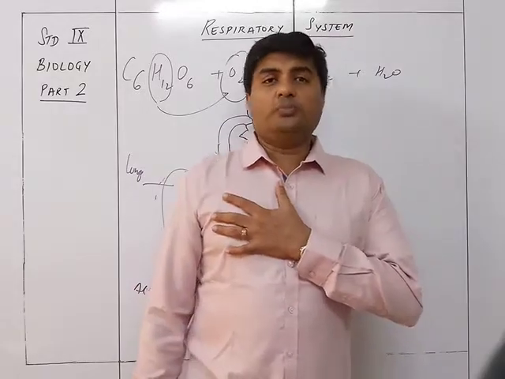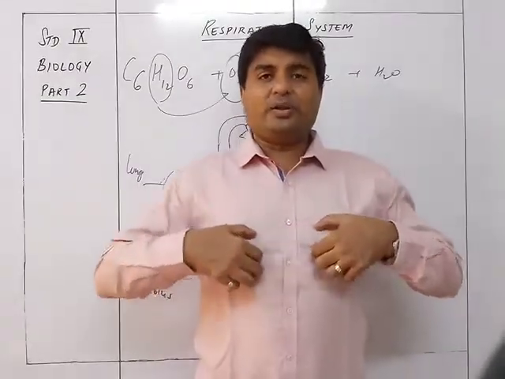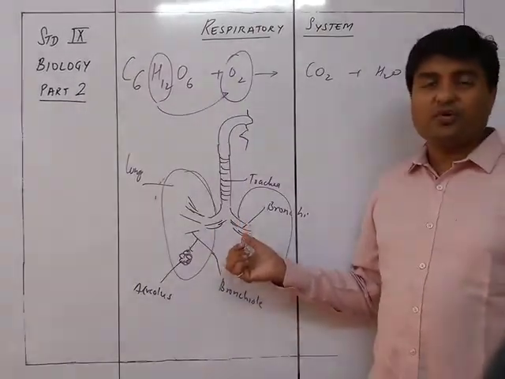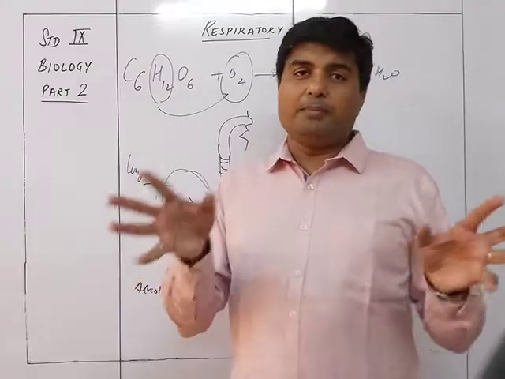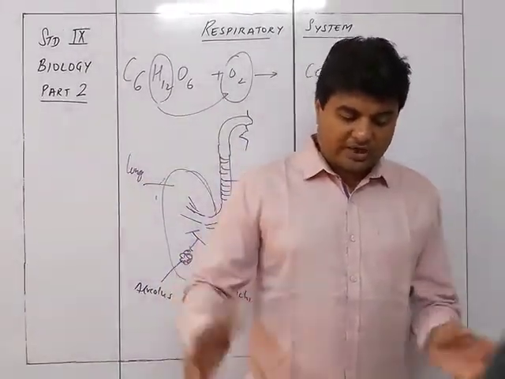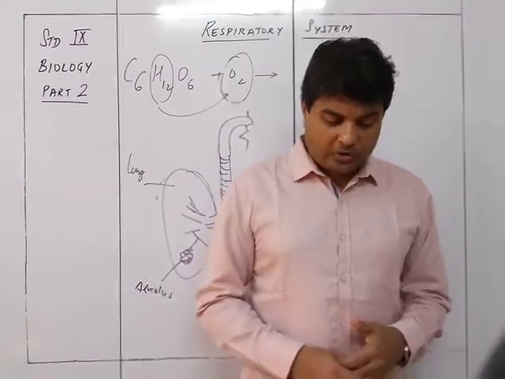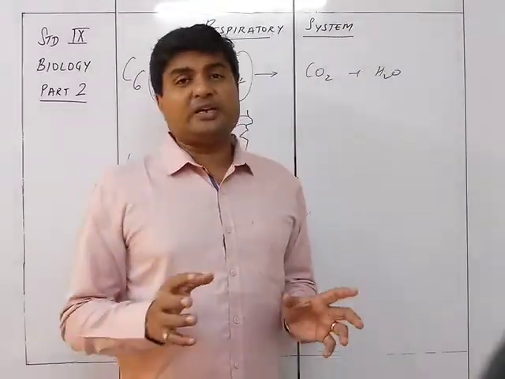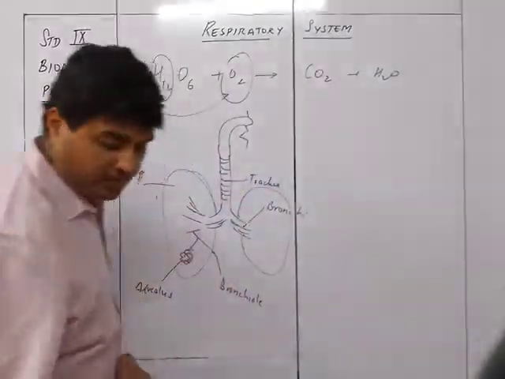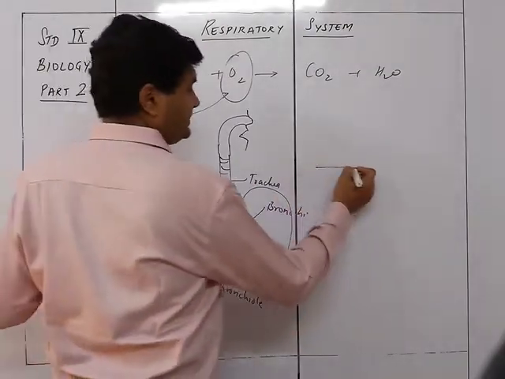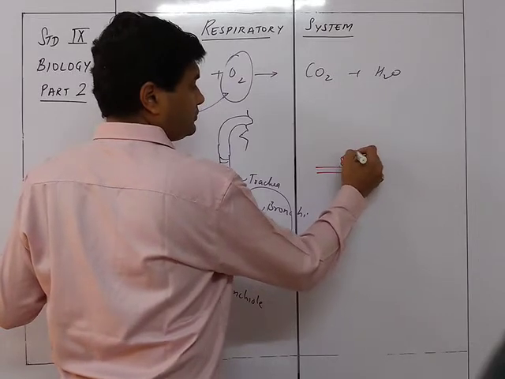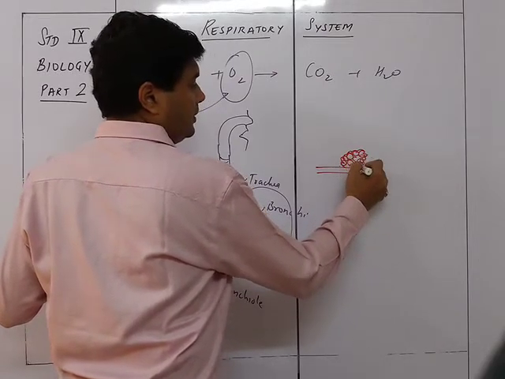Similarly, in our lungs also, the trachea ends up into partitions called the bronchi, which branch further to form secondary bronchi and tertiary bronchi, and then there will be bronchioles. These bronchioles end up with a kind of stem and this kind of arrangement over here.